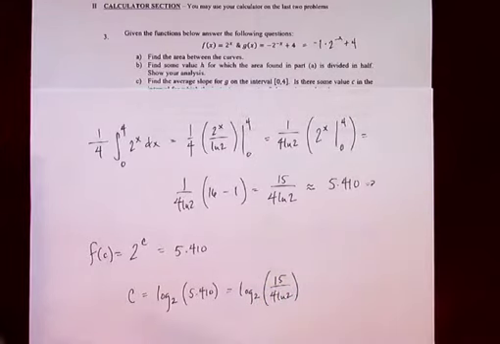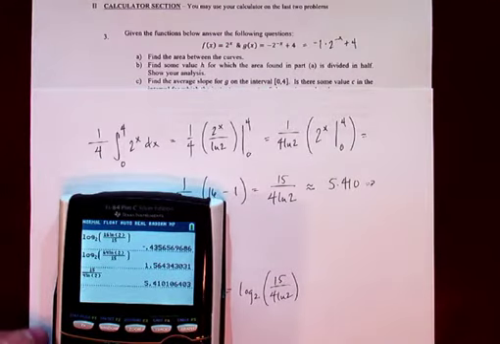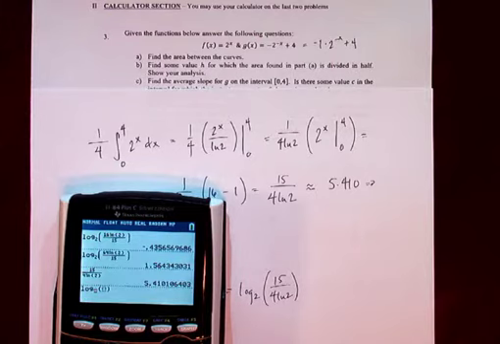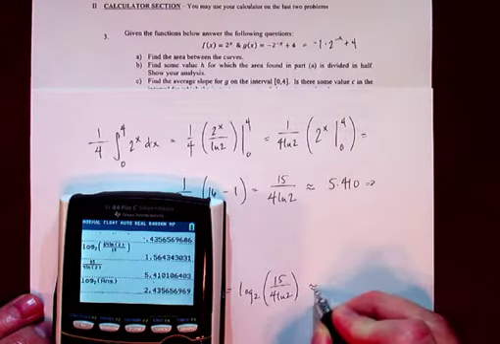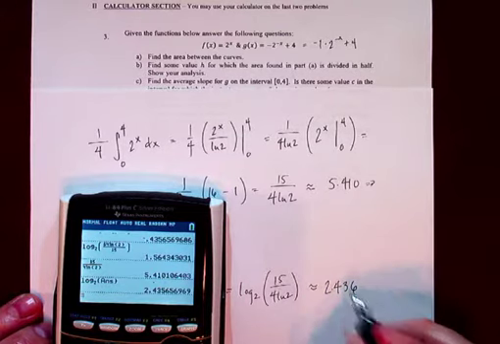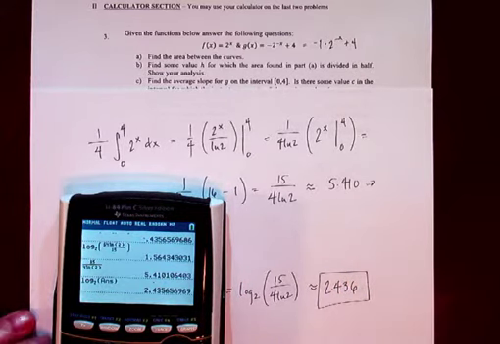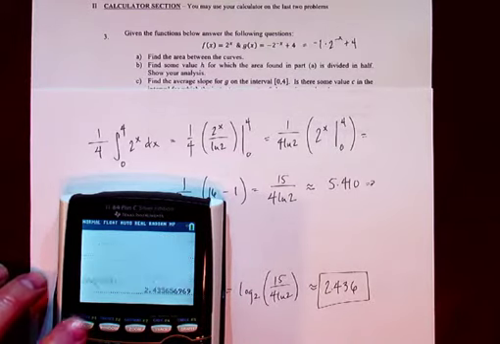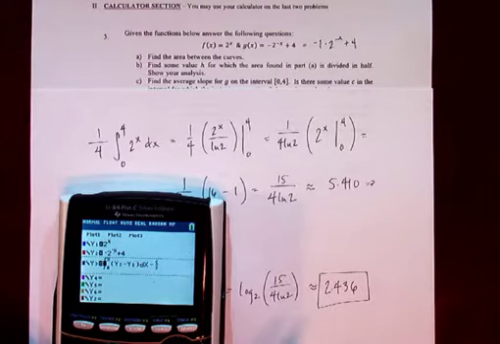And therefore, all I really need to do is basically take log base 2 of my answer, and that is going to be 2.436. So at x equal to 2.436, we're going to get a function value that is equal to the average function value over that interval.